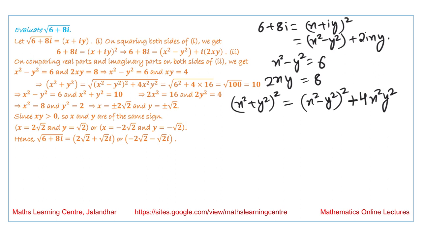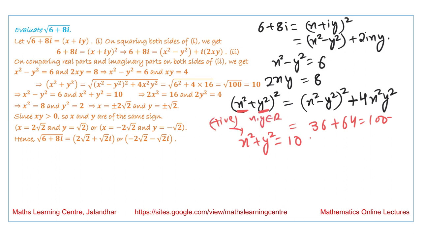So if we substitute the values, we obtain 36 plus 64, that is equal to 100. So we get x square plus y square is equal to 10. This will be positive because x and y are real numbers.